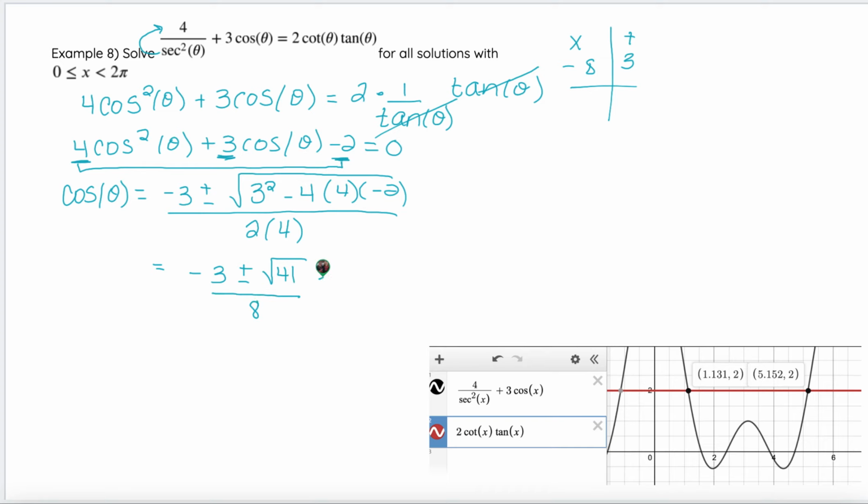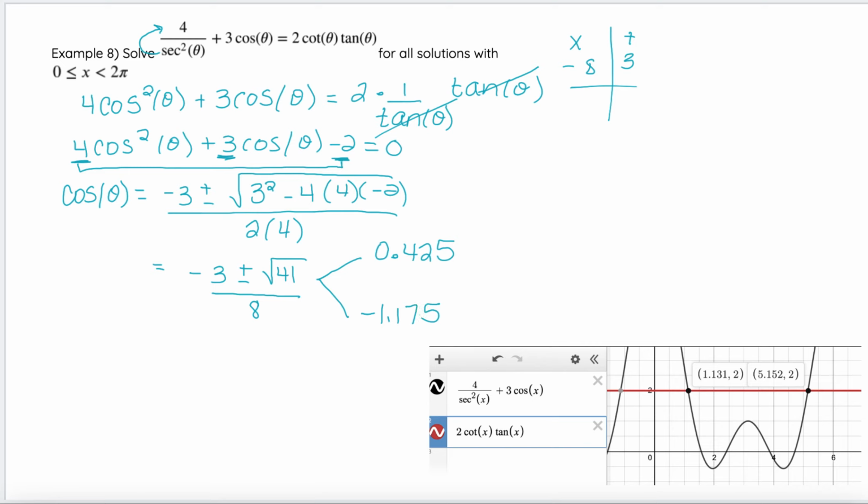That gives us 2 results, right? Negative 3 plus the square root of 41 over 8 will end up with 0.425. And when we take negative 3 minus the square root of 41 over 8, we have negative 1.175.